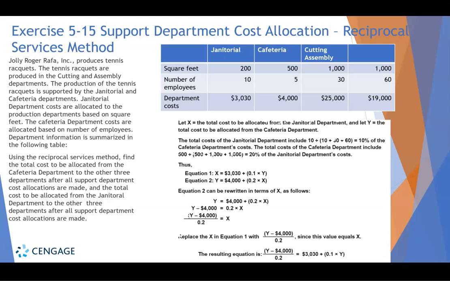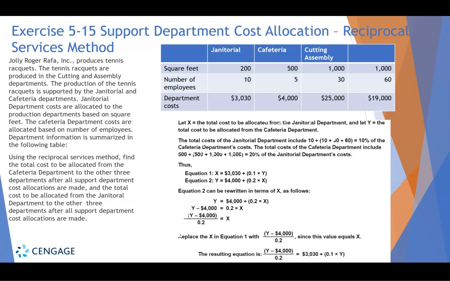The total cost of the cafeteria department is going to include the percentage of square feet of the cafeteria for the full, and the janitorial department's cost. So the cafeteria is 20% of the square footage.